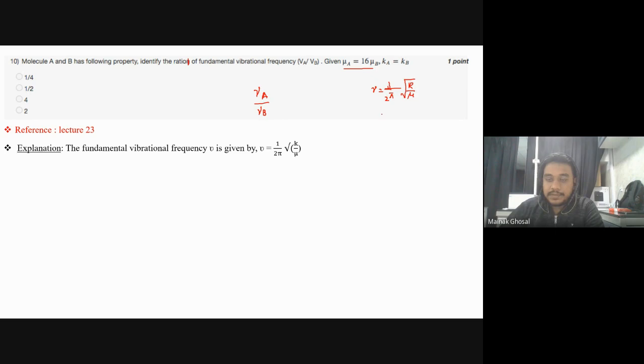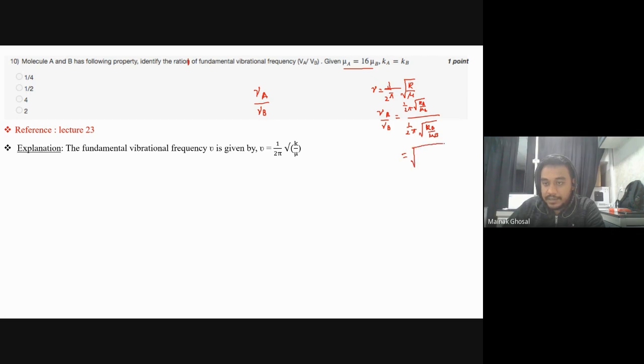So if you are taking the ratio of nu A by nu B, I have shown you that this 1 by 2 pi term will always cancel out. I am writing it again: 1 by 2 pi root over Ka by mu A, divided by 1 by 2 pi root over Kb by mu B. So this 1 by 2 pi will cancel out.